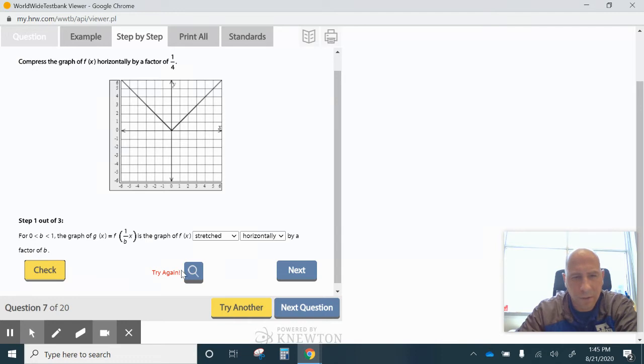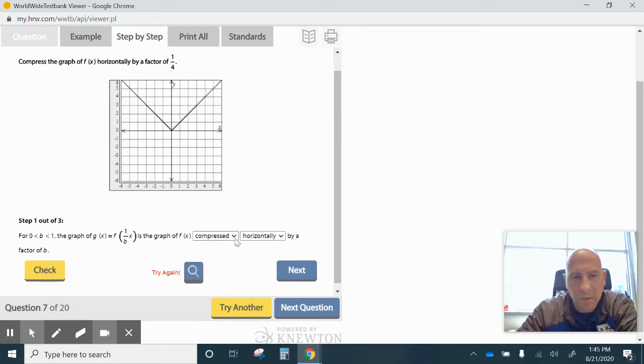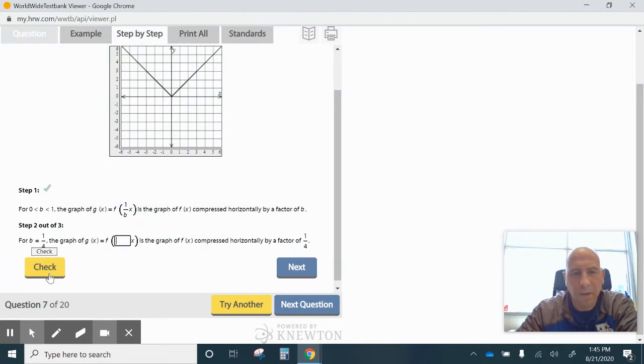Okay, check. Hold on. They say the horizontal is correct. I apologize. I apparently looked at my notes incorrectly. That's a horizontal compression.